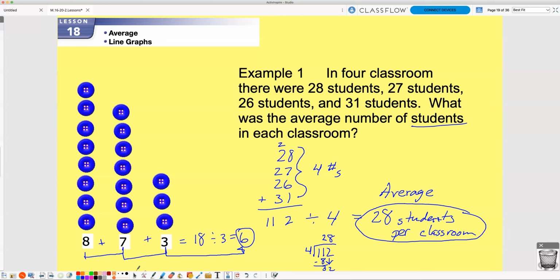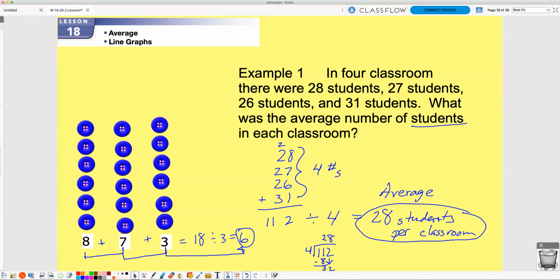I can also look at it as a picture. So if I was going to say, okay, I need to distribute these equally, I can look at it like this. If I was to distribute all of these buttons equally, I would end up with 1, 2, 3, 4, 5, 6, three times.